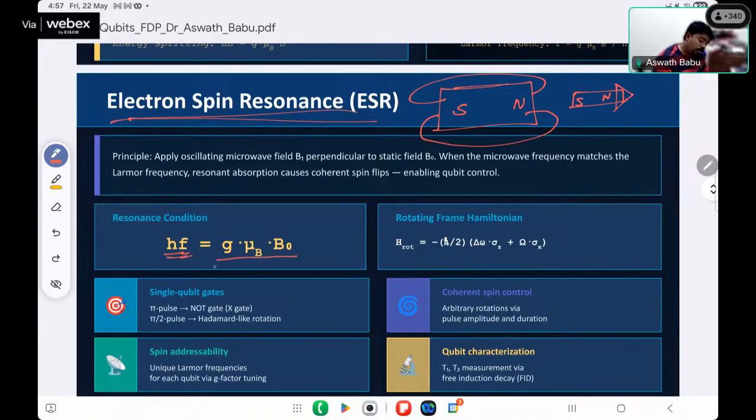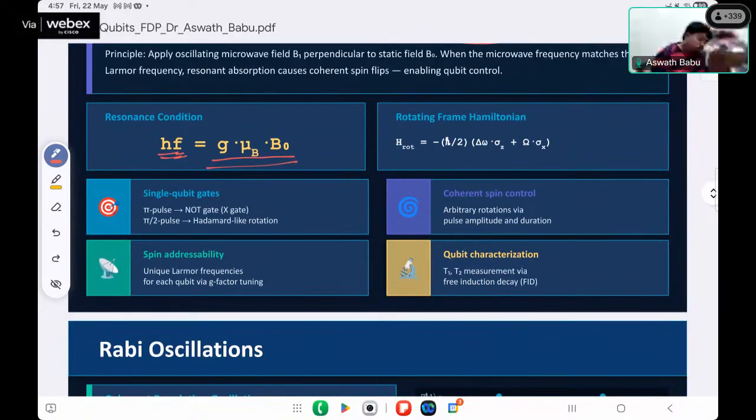It is going to create a rotation in such a way. There is a mathematical condition for resonance. From there you can figure out with what frequency the spin system oscillates for the applied field. Even in that way you can have a single qubit NOT operation or pulsing operation.